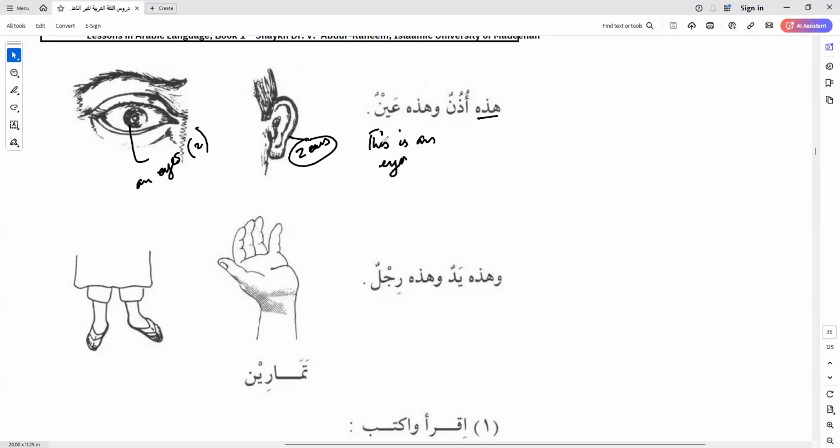So here we are also learning some body parts. We've started with فم, mouth, and then we have أذن.